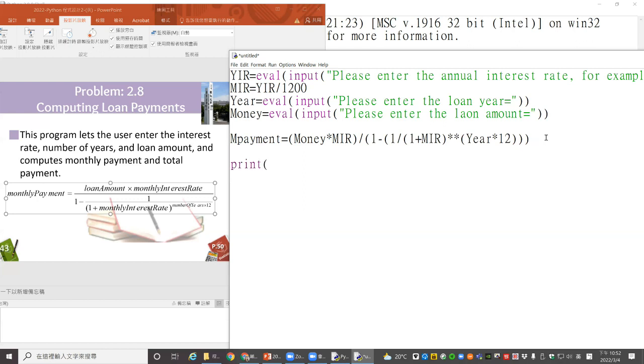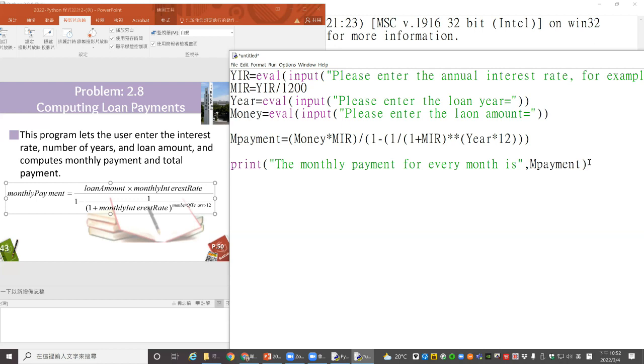We will print the monthly payment for every month is, how much? It will be the monthly payment here.